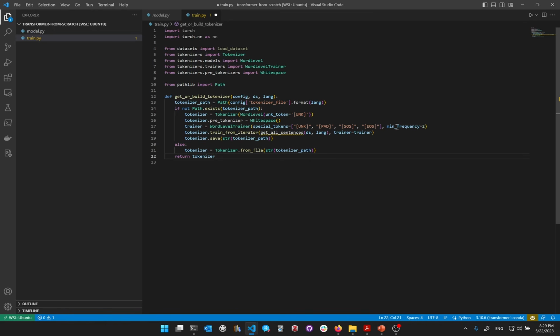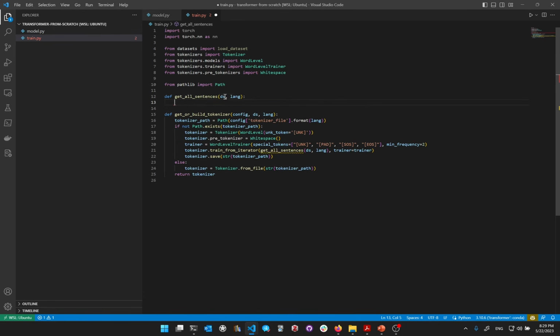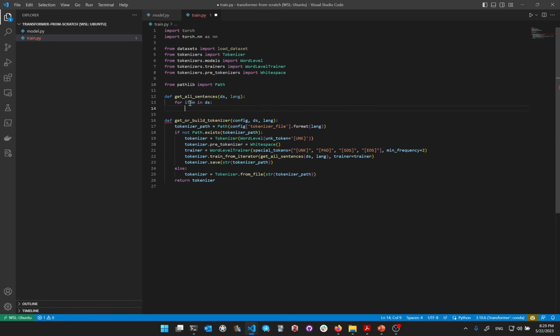Okay, so let's also build this method called getAllSentence, so that we can iterate through the dataset to get all the sentences corresponding to the particular language for which we are creating the tokenizer. As you remember, each item in the dataset is a pair of sentences, one in English, one in Italian.